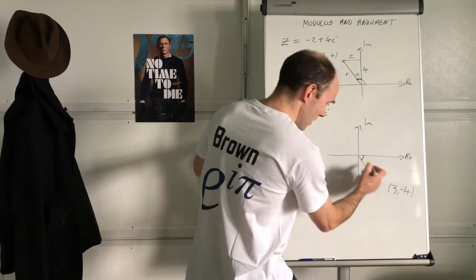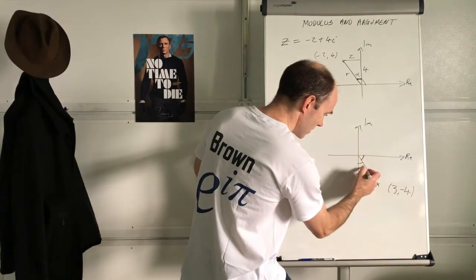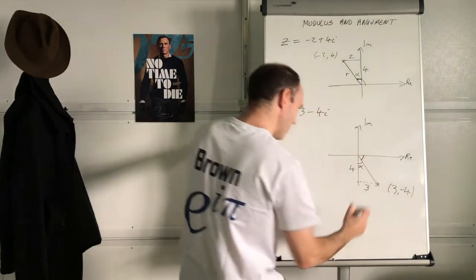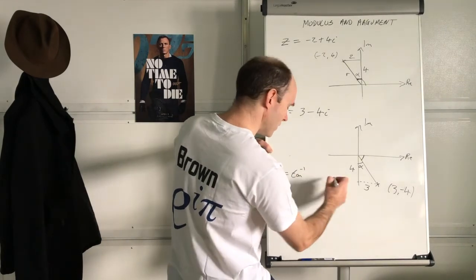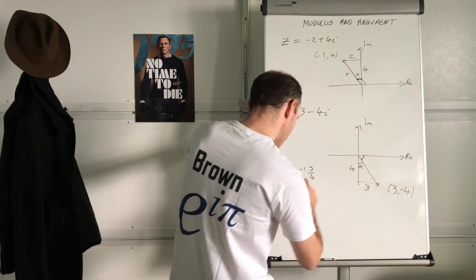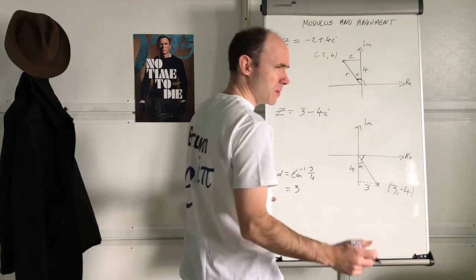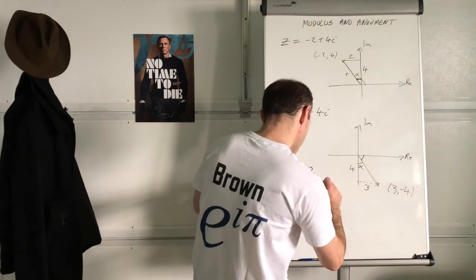To work out that angle, we're first of all going to work out what this angle there is. I'm going to mark that as alpha. So that's 3, that's 4. Alpha is going to be the inverse tan of 3 over 4, and that's 36.9 degrees.